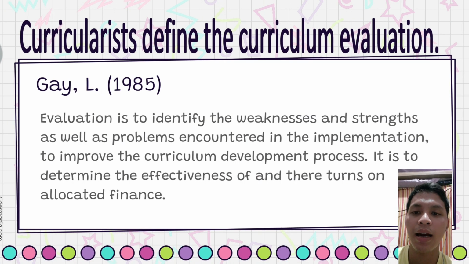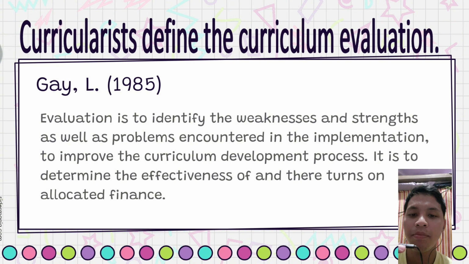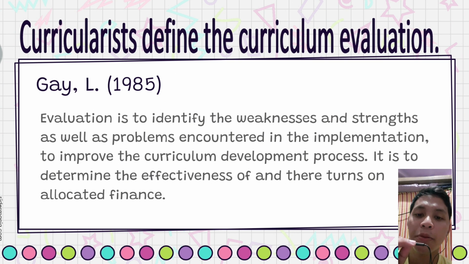Next is Gay, 1985. He said that evaluation is to identify the weaknesses and strengths as well as problems encountered in the implementation, to improve the curriculum development process, and to determine the effectiveness of and returns on allocated finance. It means that evaluation helps us find the good and not so good parts, to fix what's not working and make sure the money we're spending is making a real difference in how our students are learning.